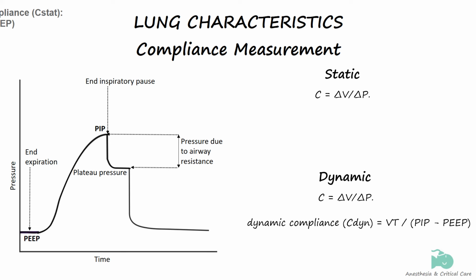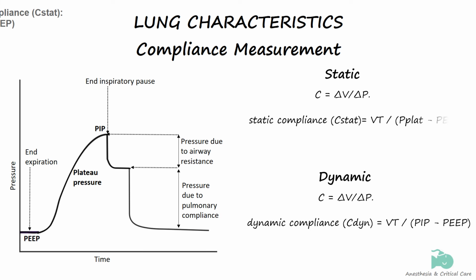The reduced pressure is called plateau pressure, which represents pressure due to the elastic nature of lungs, and is used to calculate static compliance. Lastly, as the expiration begins, the pressure further drops to its positive end expiratory pressure as the lung volume decreases.